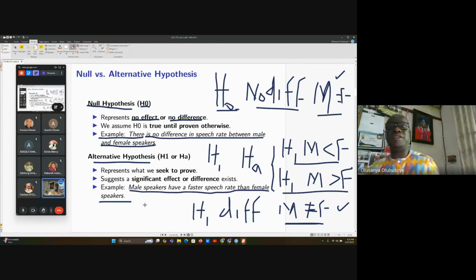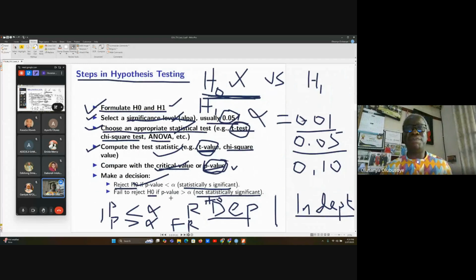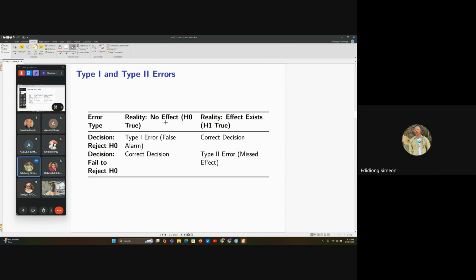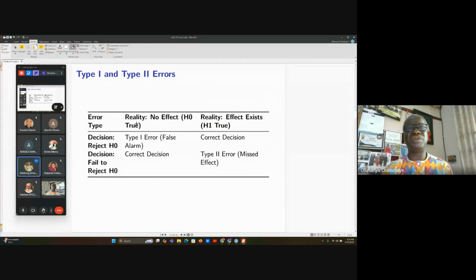Okay. So maybe for clarity purposes, let's look at this table. Can you see this table? Yes, Prof. Good. So this is the reality. The reality is that there is no effect. We can also say the reality is that there is no difference.